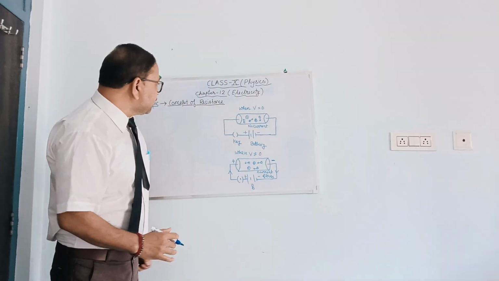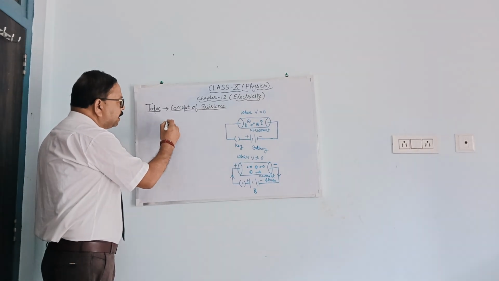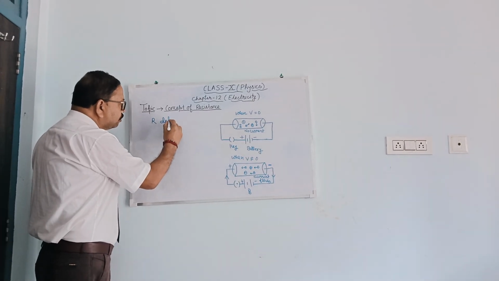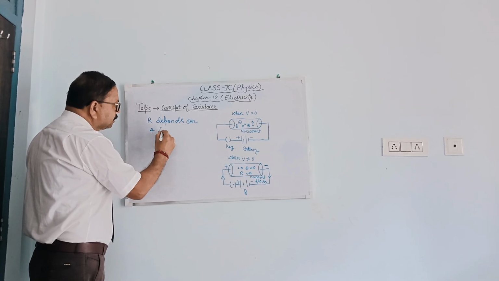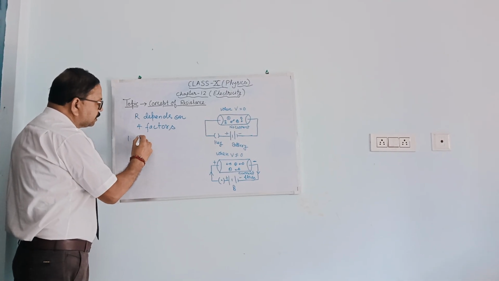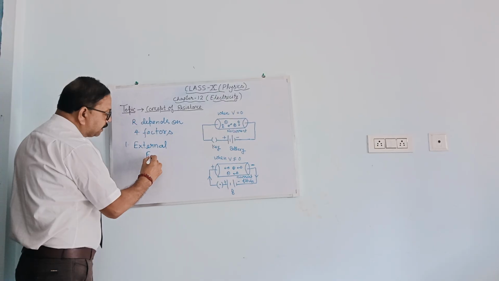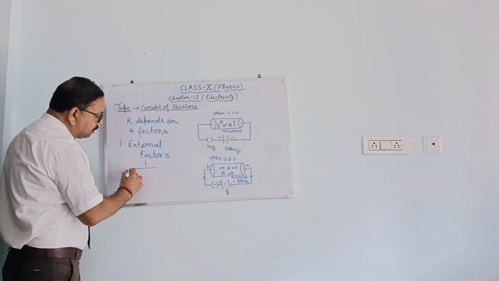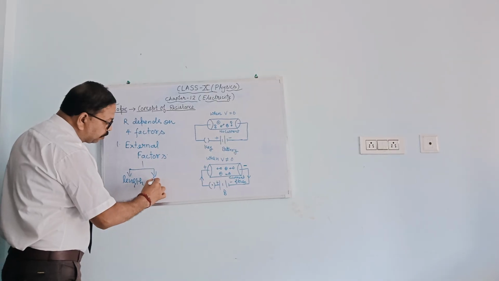Okay. Basically, this resistance depends on four factors: two external and two internal. One, external factors like length and area of cross section.